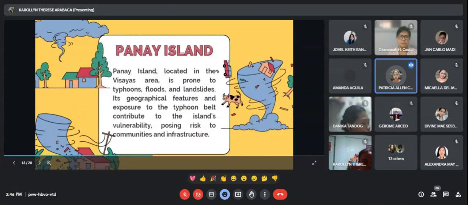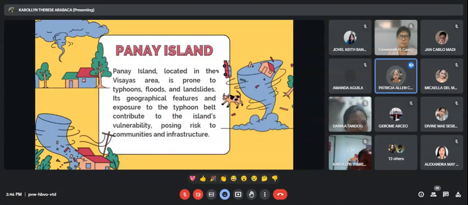Last naman po is yung Panay Island wherein located naman siya sa Visayas. Prone rin siya sa typhoons, floods, and landslide dahil napapaligiran ito ng iba't ibang anyo ng lupa gaya ng mga burol, talampas at ibang bahagi ng kapatagan. Yung mga lugar na may malalaking burol at talampas ay maaaring magdulot ng landslides lalo na po kung malakas yung ulan or may bagyo.